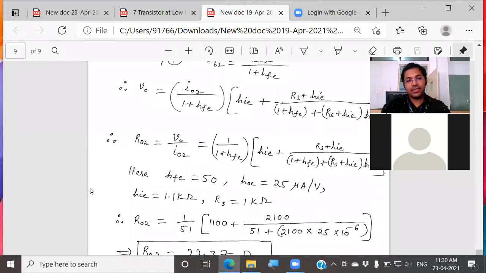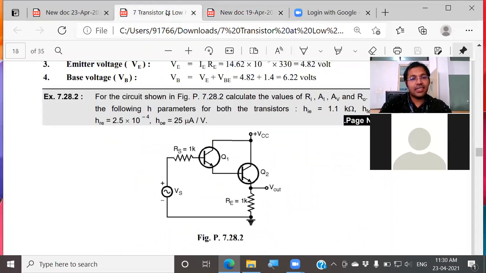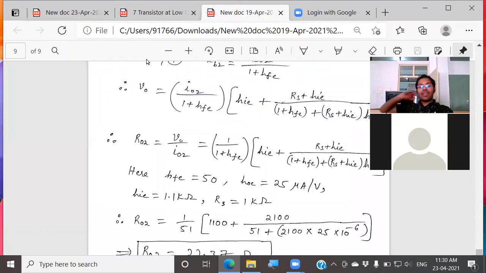22.37, isn't it? So 22.37 in parallel with what? What is RE? Yesterday's question, 1 kilo ohm. So what is Ro? Quickly calculate. 22.37 in parallel with 1 kilo ohm.